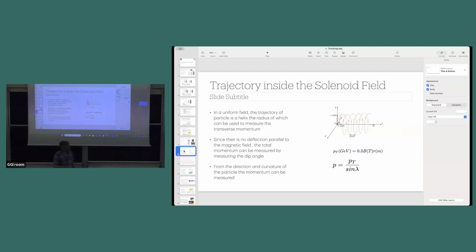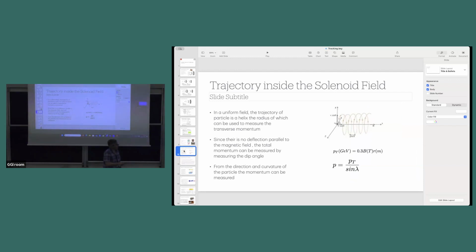So inside a solenoid field, this is the easiest to understand what the trajectory of the charged particle would be, because it's just a helix. That is, it's a circle in one direction, and if it has any component parallel to the magnetic field, that doesn't get affected, and so it just kind of goes along. So it looks like a helix around that magnetic field.